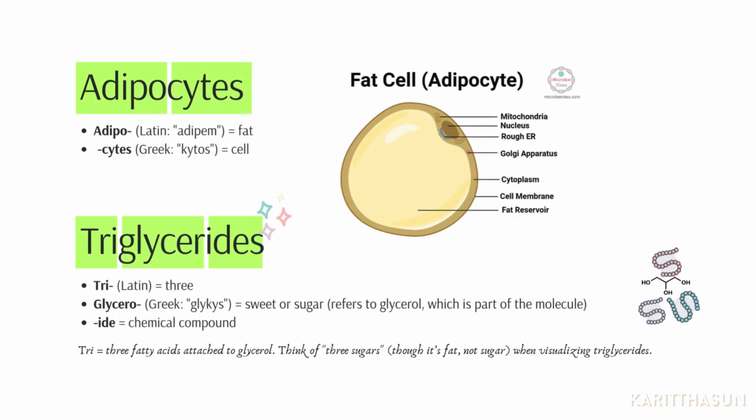Understanding the roots of these scientific terms can make them easier to remember. For example, adipocytes come from adipo, meaning fat, and cytes, meaning cells. Triglycerides have a prefix tri, meaning three, and glycerol refers to the sugar-alcohol backbone that connects the three fatty acids.